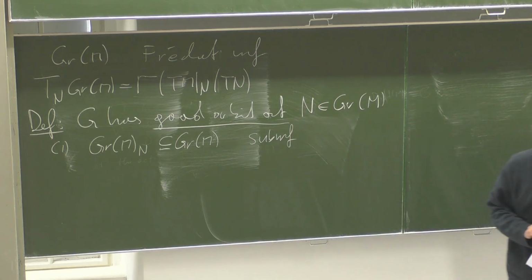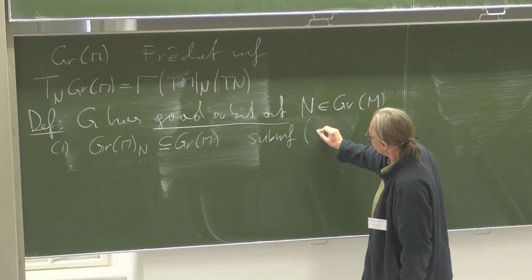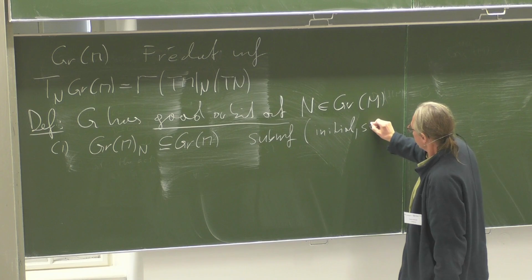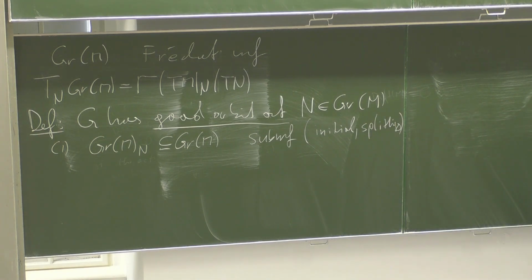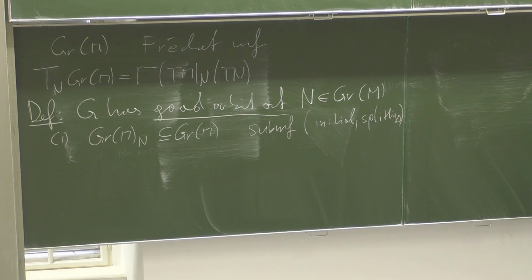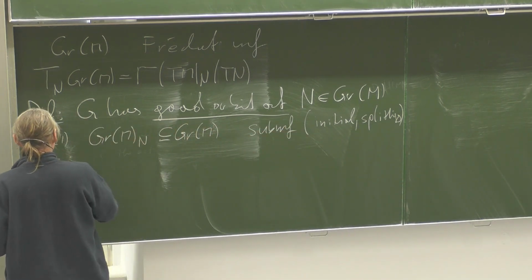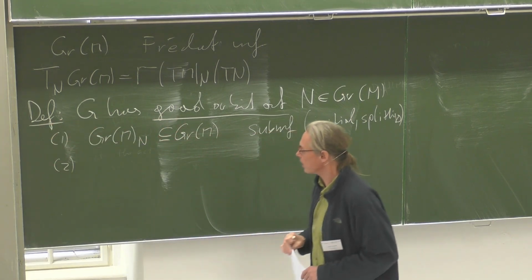Subset in here. And this is assumed to be a submanifold. I'll show you examples in a minute, and these examples suggest to assume an initial submanifold. It's always, in all the examples, it's splitting. So we assume the orbit in the base inherits a smooth structure. It's an assumption. And we want more, to use the G action to transport the smooth structure around.